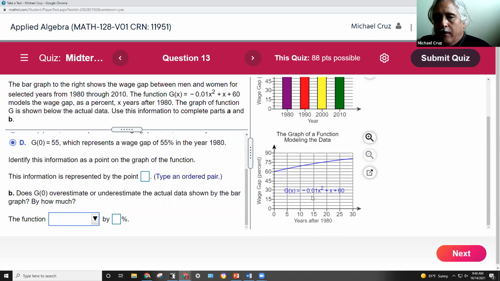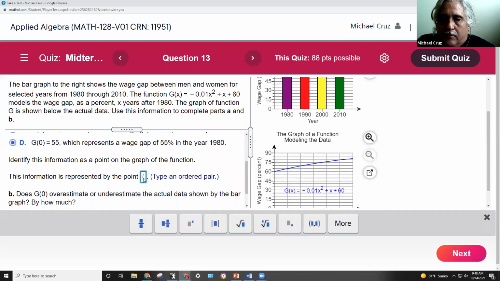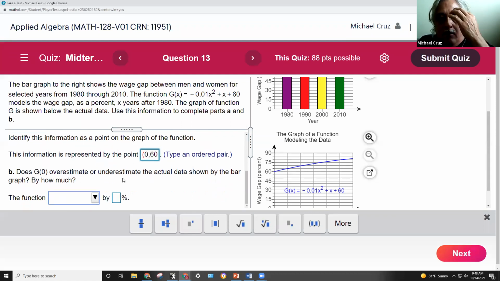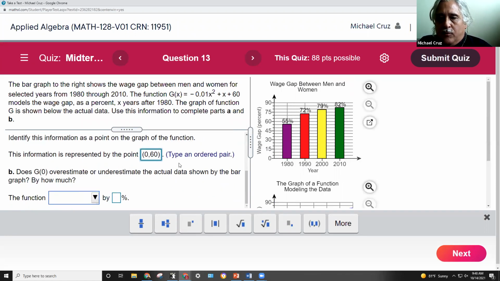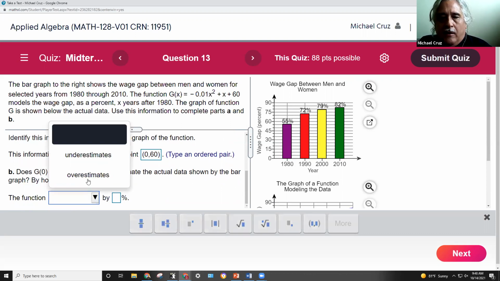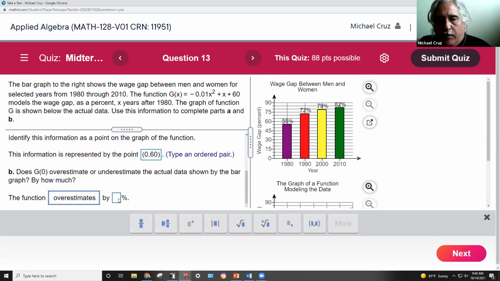You've got to put 0 in there, and it ends up just being 60, because if you put 0 in there, it's your y-intercept. So G of 0 is an overestimate because 55 was what it was projected to be. So it overestimates by 5%.